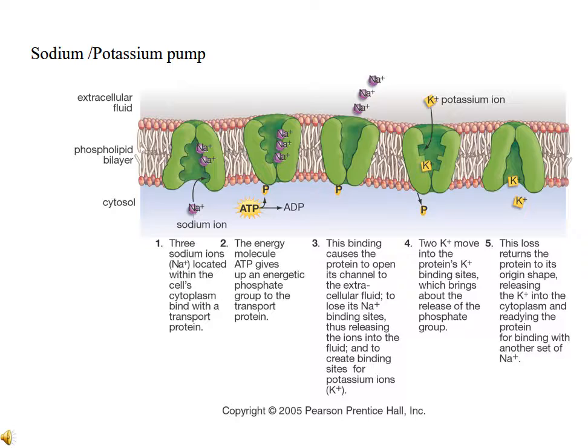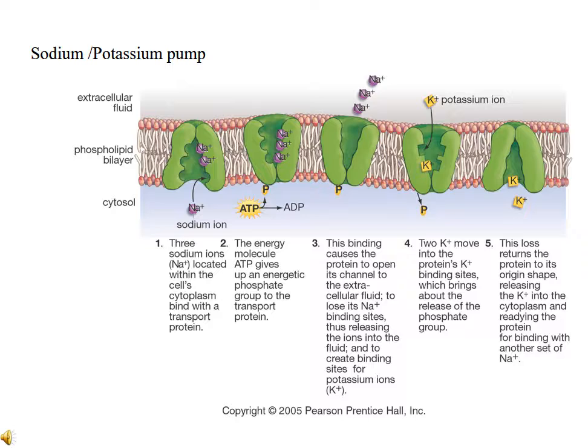When this happens, potassium, which is on the outside of the cell, finds binding sites on the protein to attach itself. And when it does so, the configuration of the protein molecule changes and it snaps shut on the top, releasing the potassium.